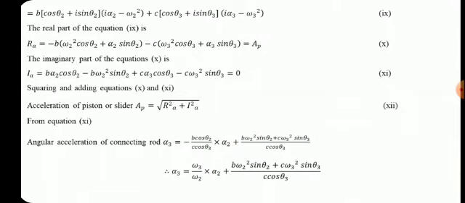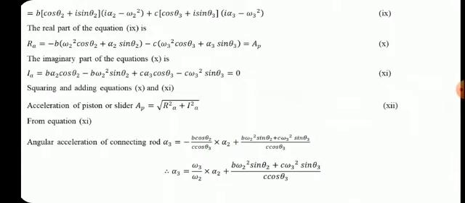The real part we got. The imaginary part of the equation is IA, and we square and add equations 10 and 11.